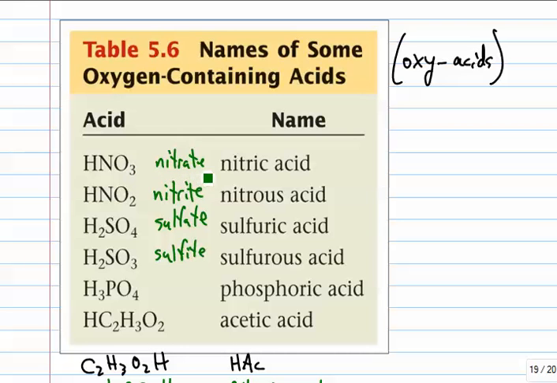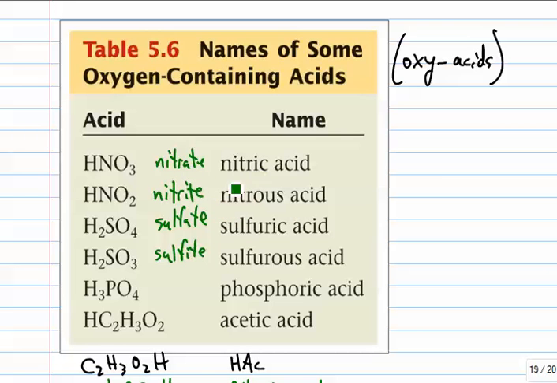Is it an ATE ending or an ITE ending? If it's HNO3, we identify NO3 minus as nitrate, and we would name HNO3 nitric acid. HNO2, having one fewer oxygen, is not nitrate, it's nitrite. So we would name this nitrous acid.